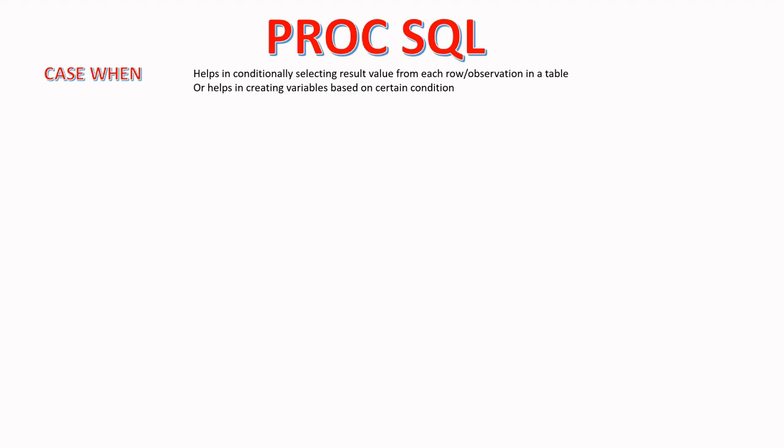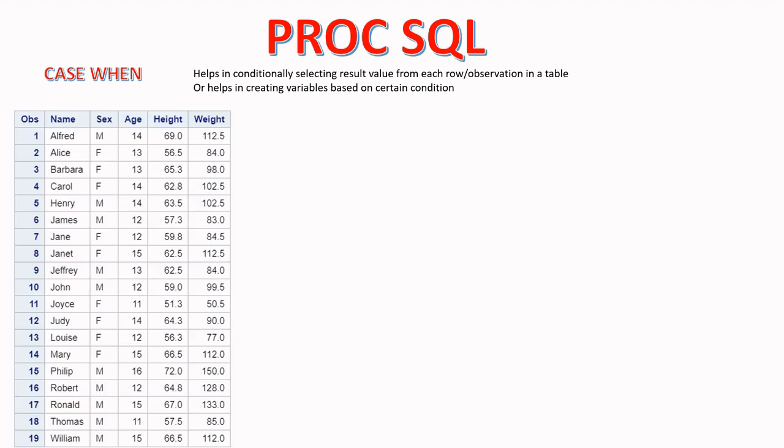As the definition suggests, we can create variables based on certain conditions. Take an example where we have a table with 5 variables: name, sex, age, height, and weight. We want to put a condition: if age is greater than or equal to 13, then create a variable which should contain the value teenage. Otherwise, it should be marked as kid.